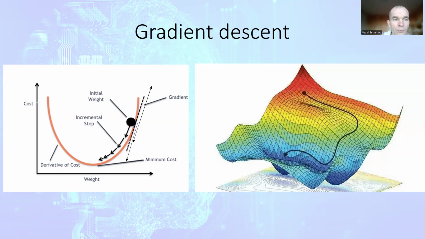So if I want to minimize the cost function, here the cost is on the y-axis, I should take some starting point and make a step in the direction of the anti-gradient, the derivative with minus sign. Let us see how it works in more detail.